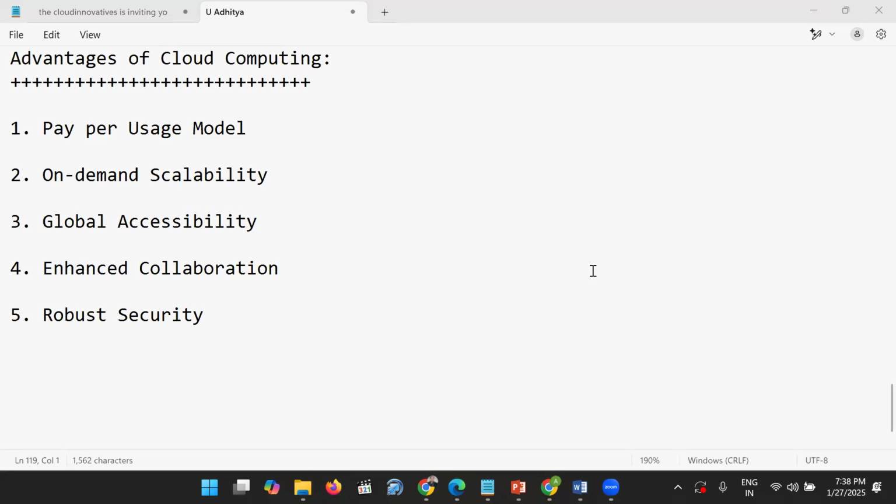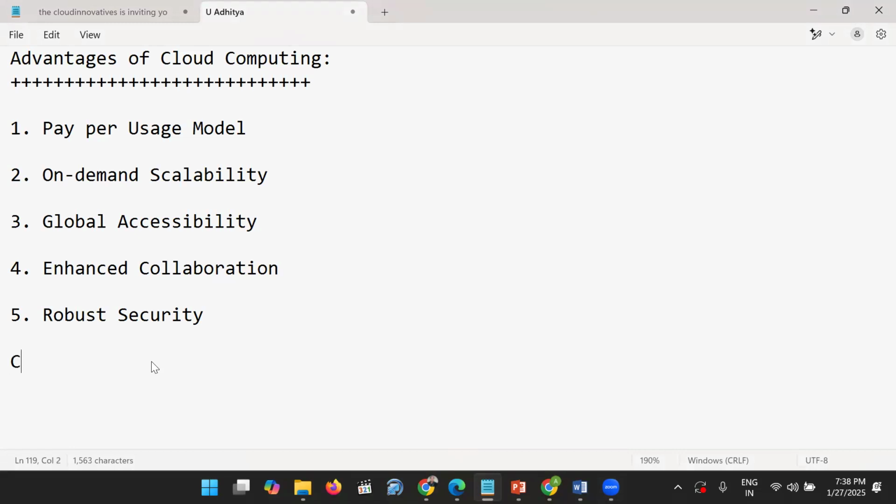Clear? Yeah, I'll send the content. You can check it. In tomorrow's session, I have to explore the different types of clouds.